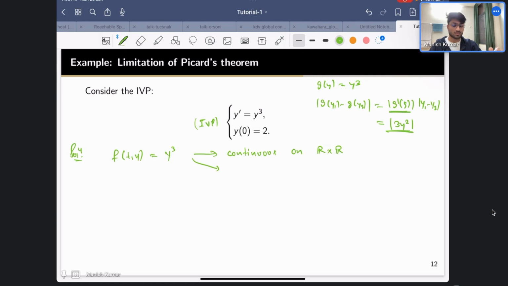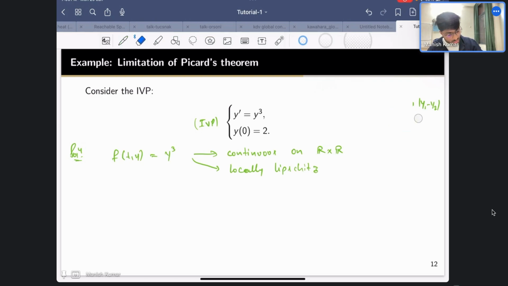So here this f is locally Lipschitz, and that is enough for us because we are working in a rectangle. That rectangle is a domain, and in that domain it is a Lipschitz function.